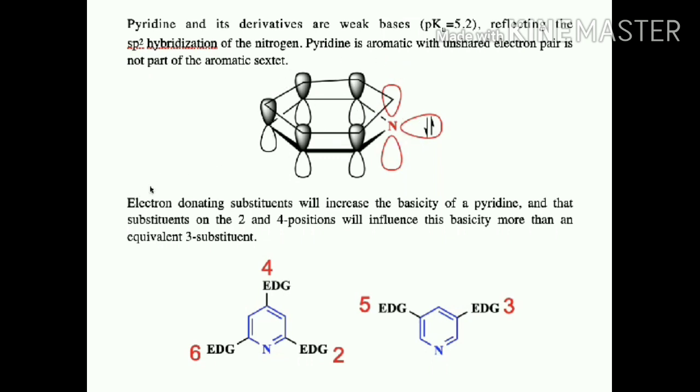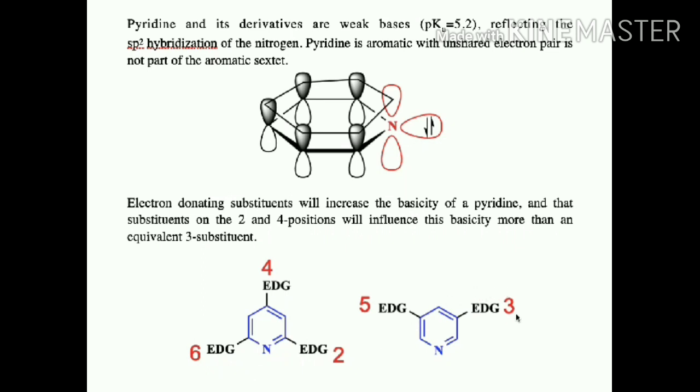How we can enhance the basicity is by substituting an electron donating group on the pyridine ring. If we substitute an electron donating group on the pyridine ring, then the basicity of that pyridine will be enhanced. The positions where an electron donating group enhances the basicity are the second or sixth and fourth positions.